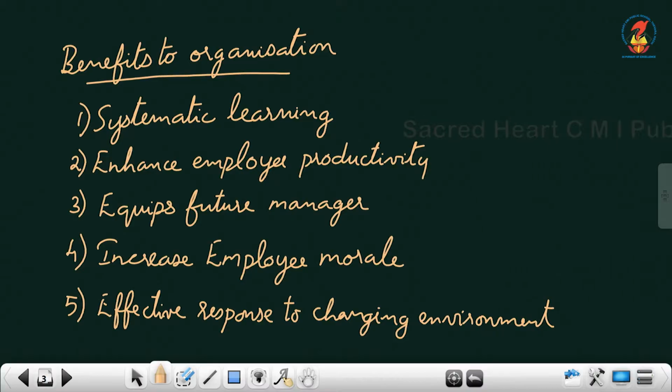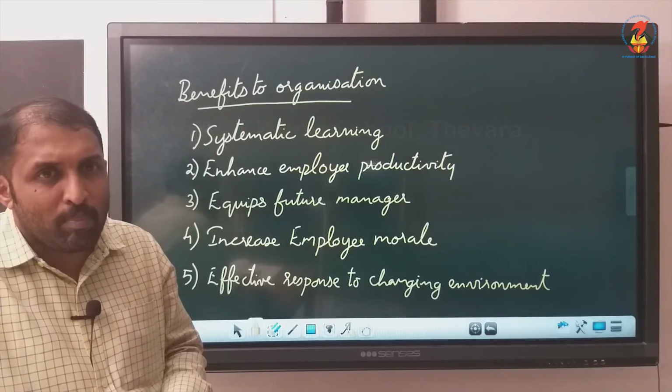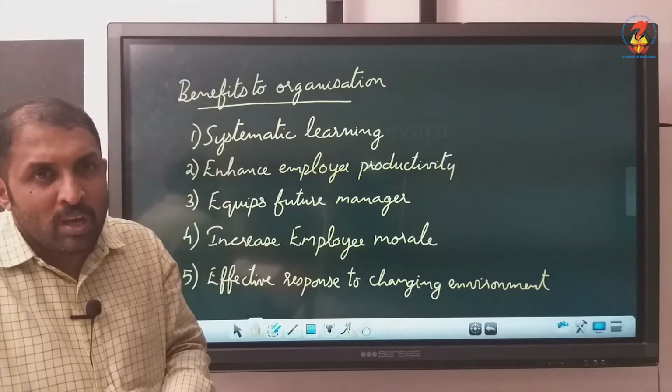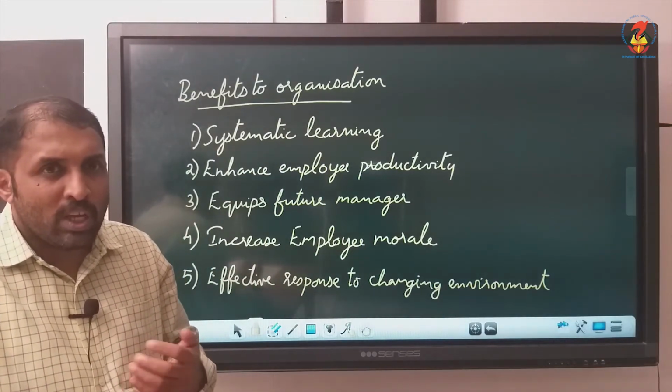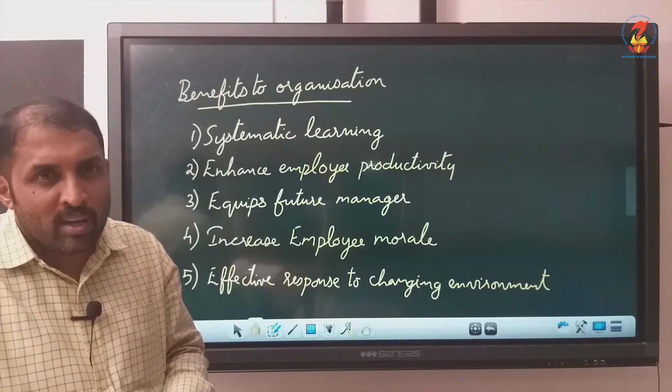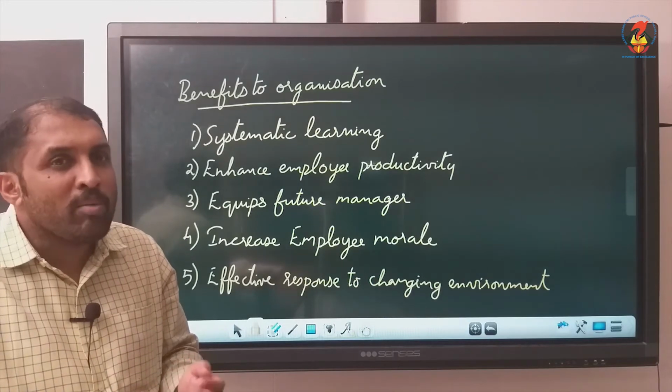Another one is that it helps in obtaining an effective response to a changing environment. When changes are happening, for example, years before when computerization came, many of the employees were given training on how to handle computers, and they are in better positions now.